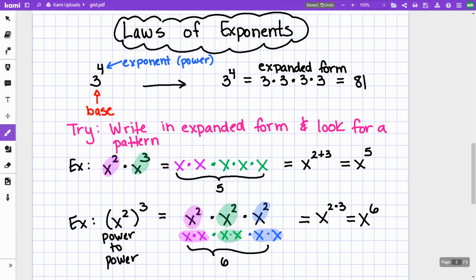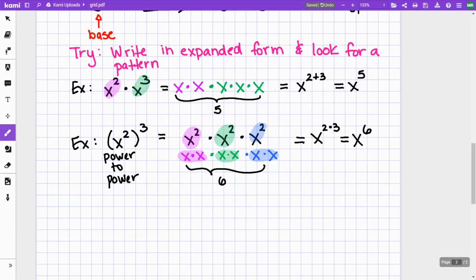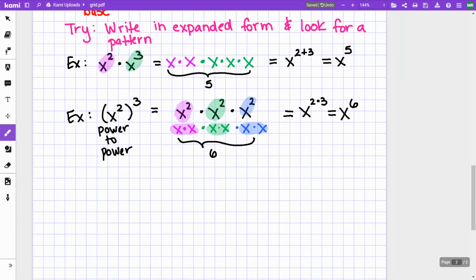Now, let's look at another one, and then we will write these out official. Let's say that I have x to the 6th divided by x to the 2nd.